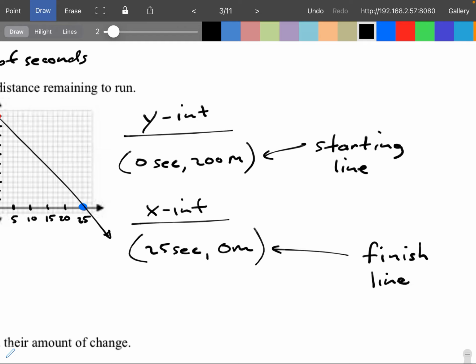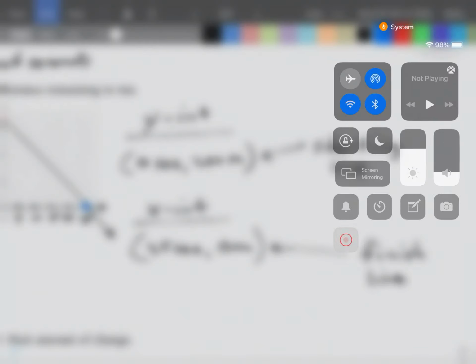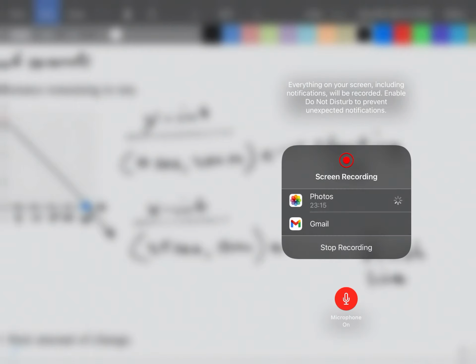Does that make sense? Well, where are you at here then? Yeah, you're at the end. You're at the finish line, right? After 25 seconds, you got 0 meters left to run, so you're at the finish line.